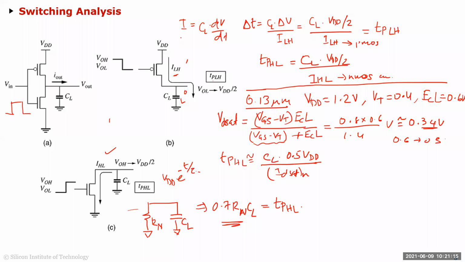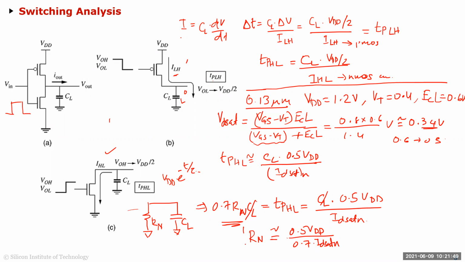So this is your TPHL or TPLH, and if I equate it to CL times 0.5 VDD over IDSAT N, then the CL will cancel, and I can write RN is approximately equal to 0.5 VDD over 0.7 times IDSAT N. Okay.